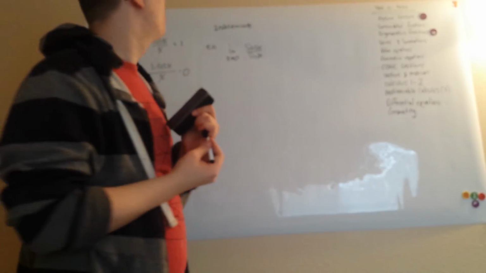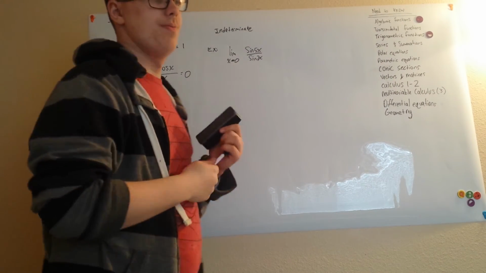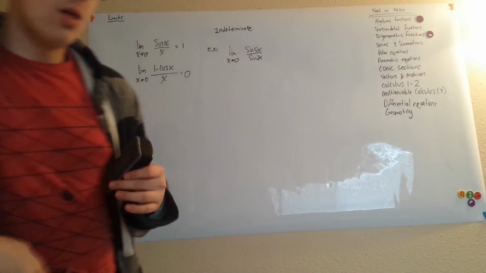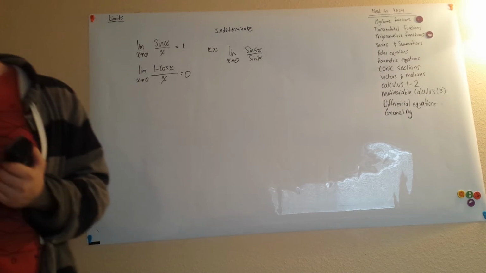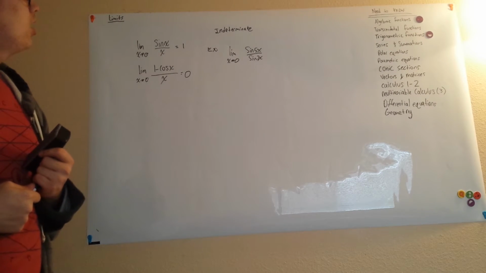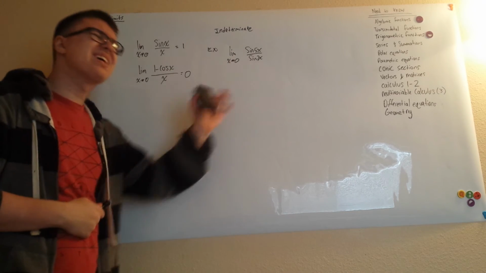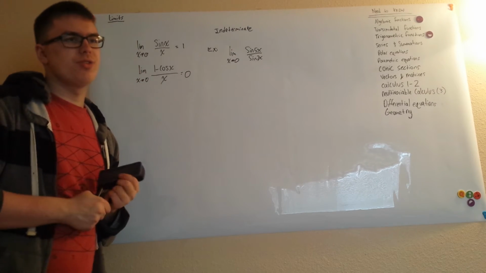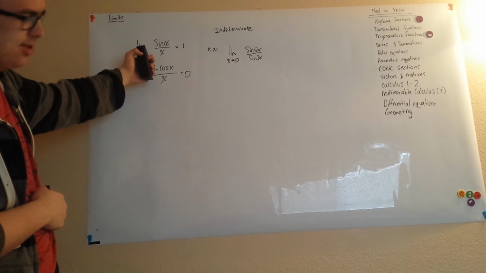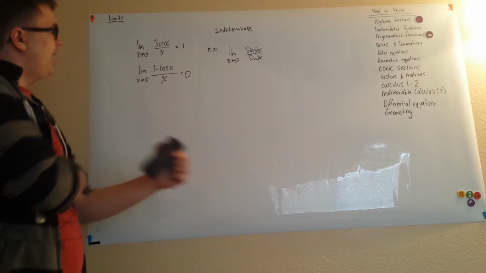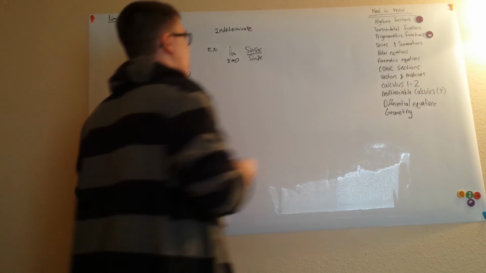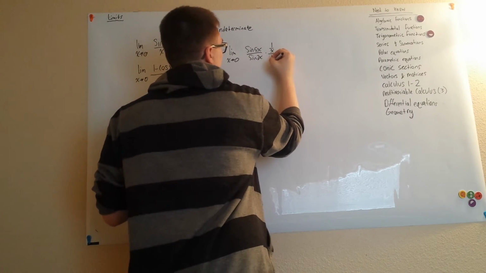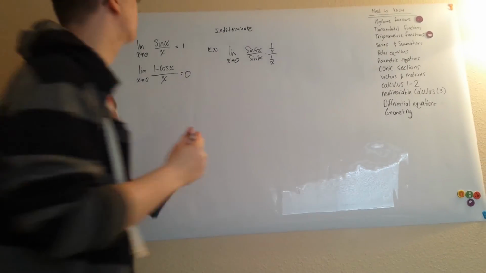Okay, so, that's a doozy. What do we get? We can't cancel at this time. We get 0 over 0, indeterminate form. How do we get it to look like this? I'll get closer. Multiply by 1 over x over 1 over x.